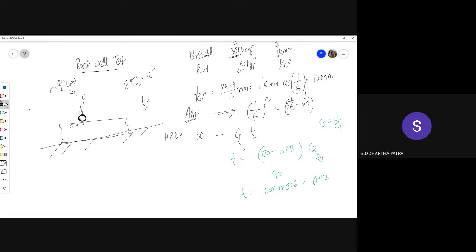So this is how the Rockwell test proceeds. First, you apply F minor. What does it do? It collapses any subsurface flaw and causes a little bit of elastic deformation of the specimen. Then you need to apply F major.